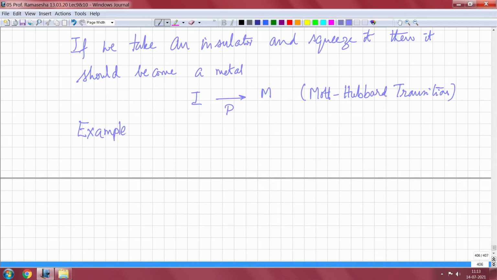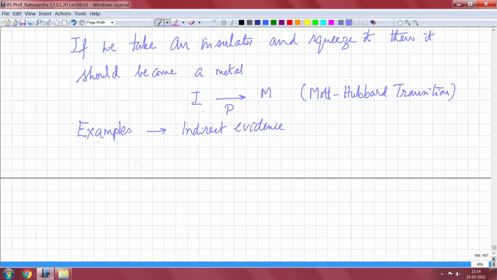So, this is another way of obtaining a metal insulator transition, and let us see whether there are any examples. There are only indirect evidence, there are no direct examples.